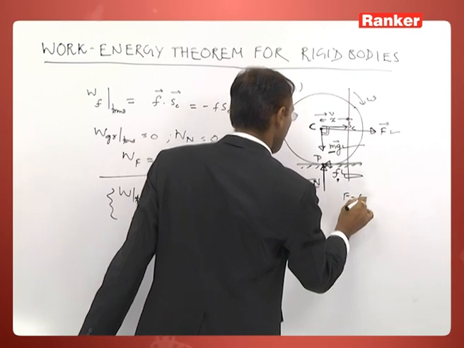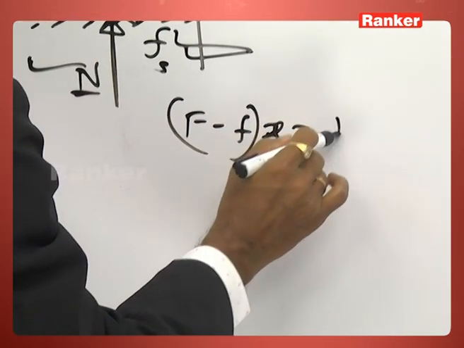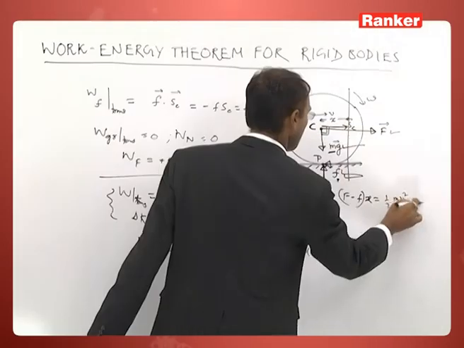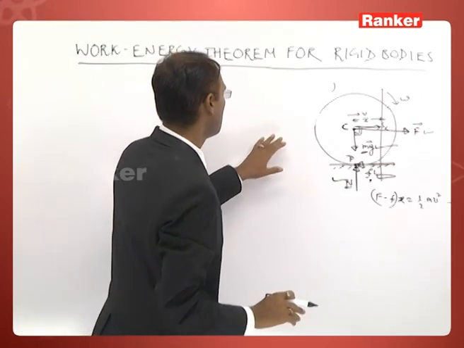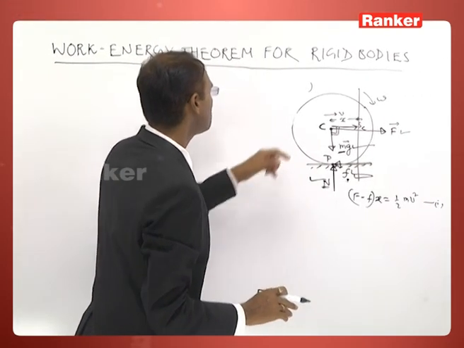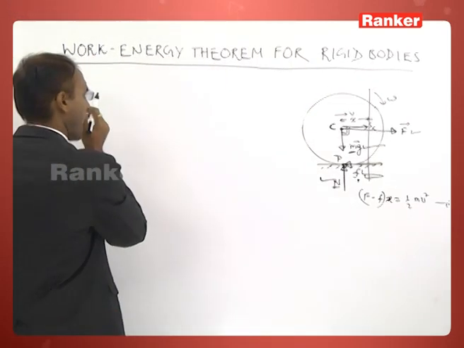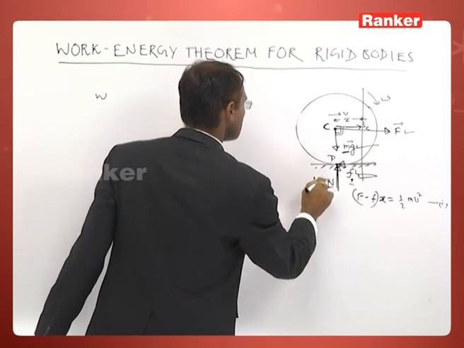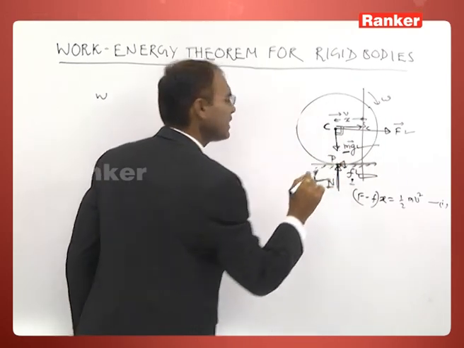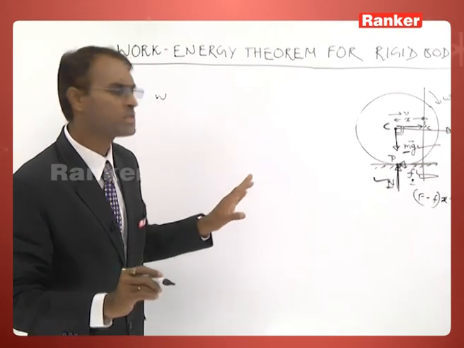(F minus f) into x is equal to half mv square. Let us now calculate the work done by each force to rotate the object. The normal reaction and gravity pass through the center of mass, therefore they cannot produce a torque about the center of mass.